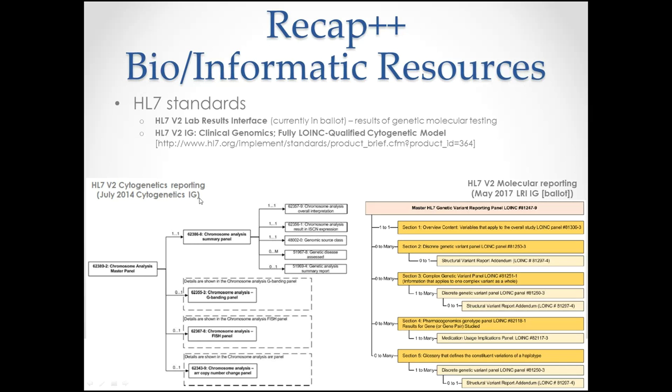One is the cytogenetic standard, which is used for sending karyotypes, FISH, and chromosomal microarray data. And the other one, which went to ballot in May of 2017, and it hasn't finished yet, is the guide for molecular reporting of genomic results.